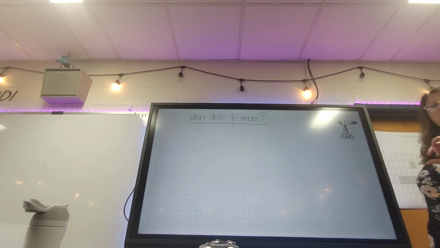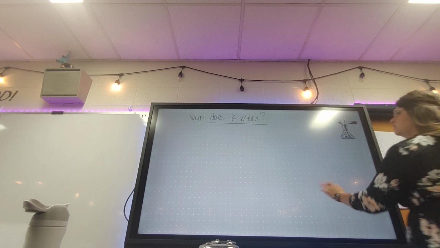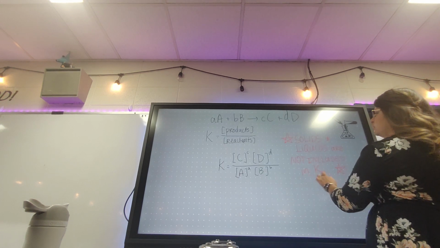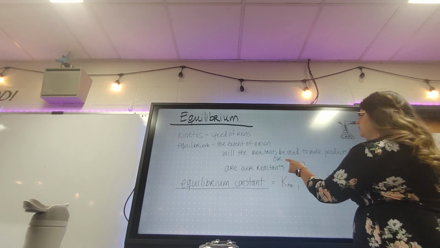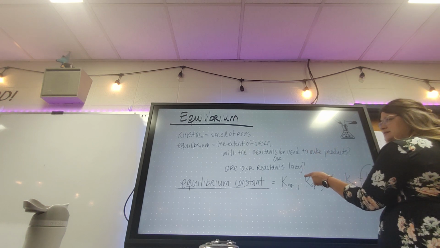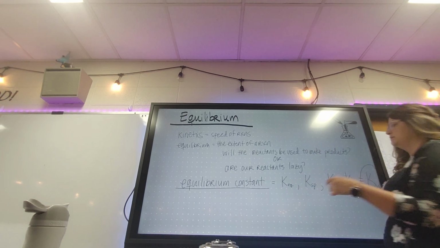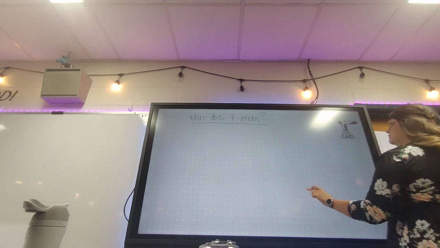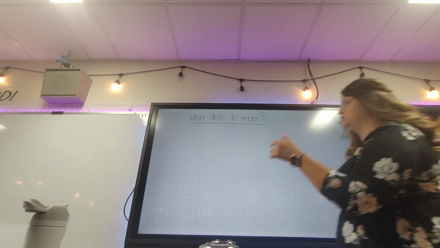Okay, so remember what I said earlier. K is a numerical value, and by knowing what K is, we can determine whether or not reactants will be used to make products, or if our reactants are lazy and just not going to do anything. So let's talk about what K actually means.